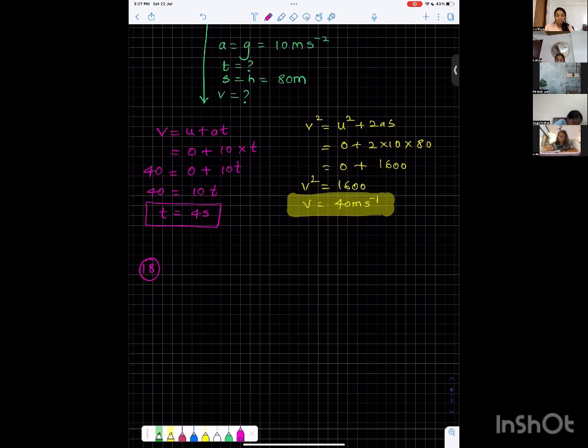Vidhi got it? Yes, I got it. Yeah, sir, even I got it. Okay. Which formula, Angel? S equal to UT plus half AT square? No, I did the same way we did the last one. V equals U plus AT and then V square equals U square plus 2AS. Okay, but you could have done directly also. Anybody did in one step? Directly? Yeah, UT plus half AT square. Yeah, correct.